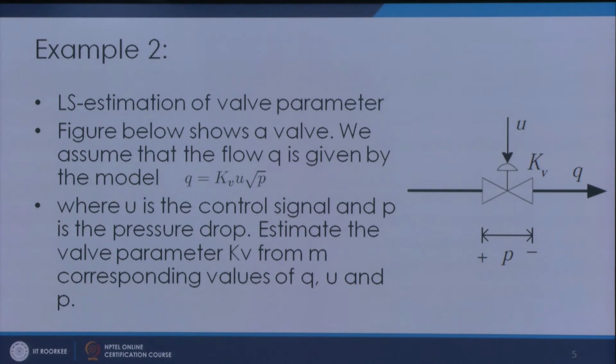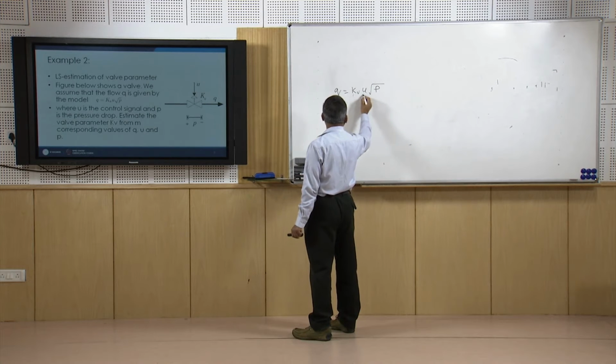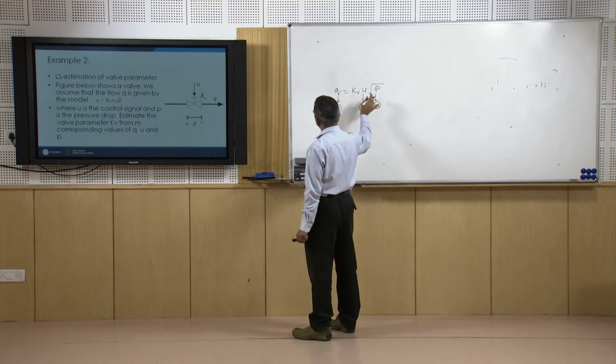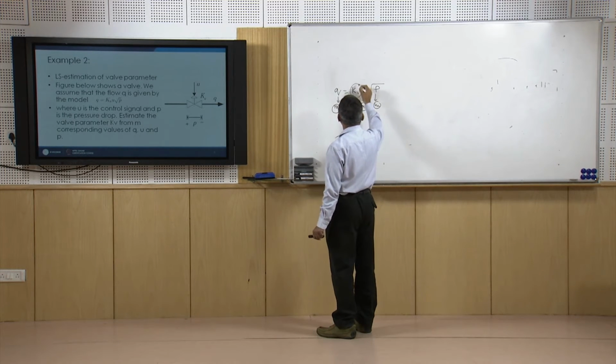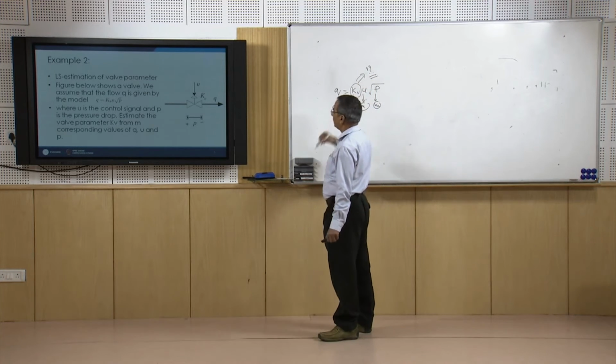So, I have M corresponding values of Q, M corresponding values of U, and also M corresponding values of P. These are known to me, and I am interested in finding out the value of this KV.